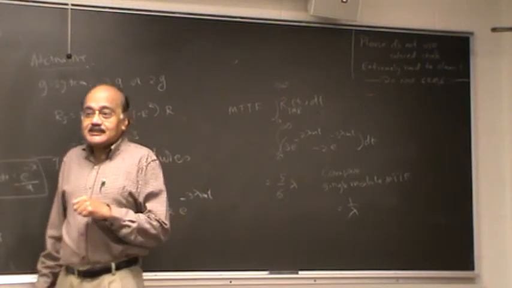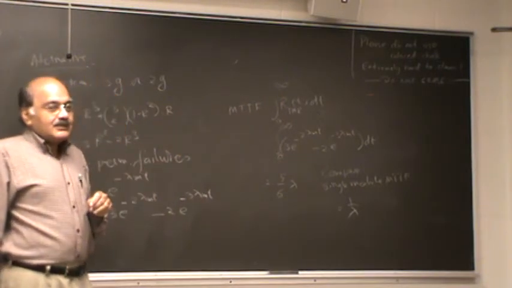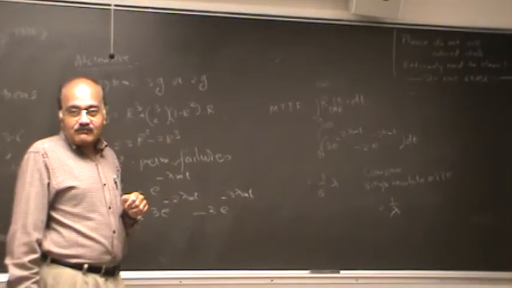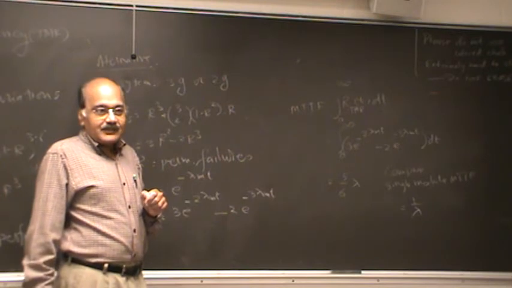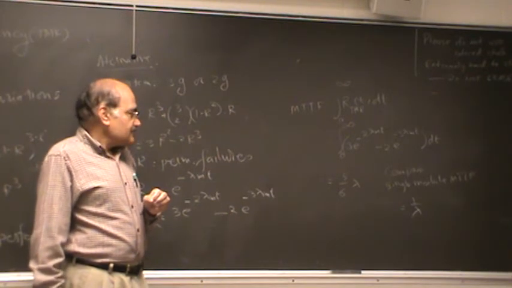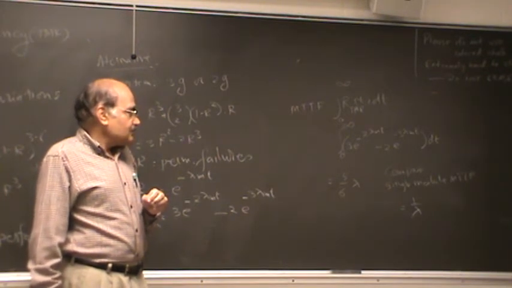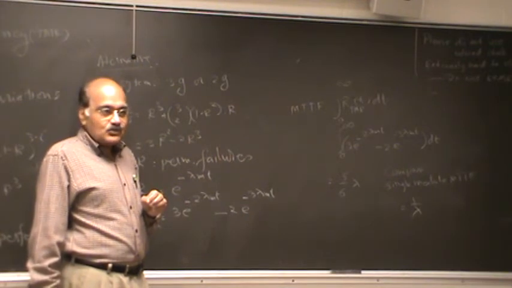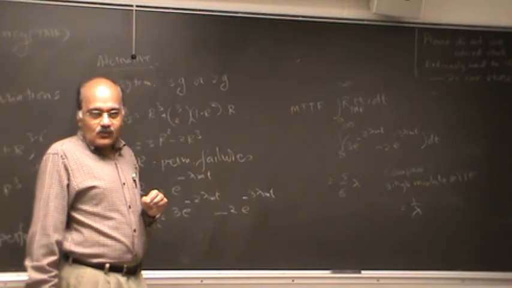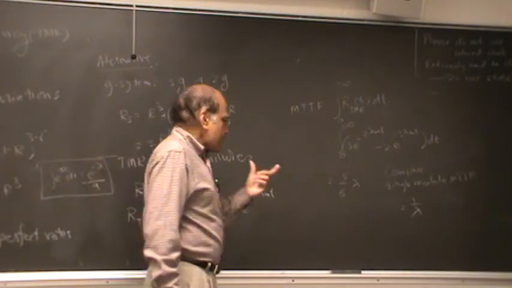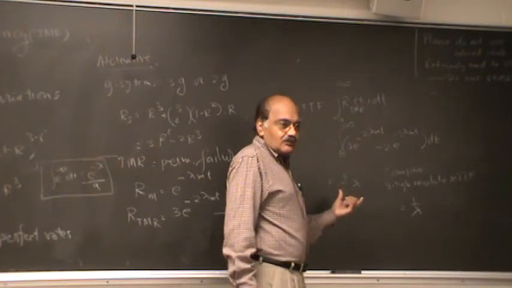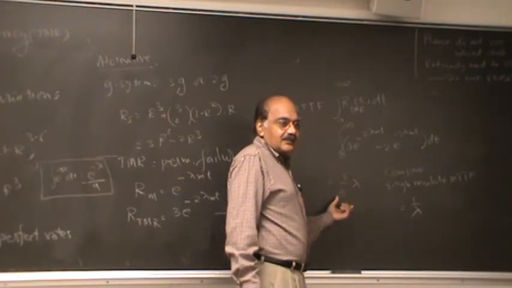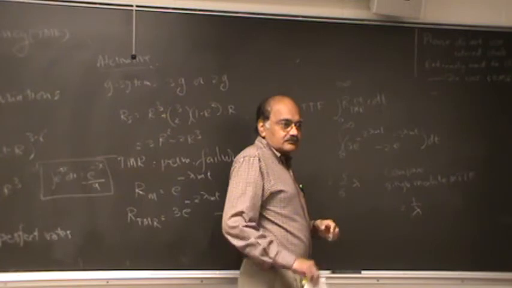And the reason is that MTTF is not a good measure for very highly reliable systems. So basically, by the time you come to MTTF, you are approaching or in the region where each individual module has a reliability that is sufficiently low.